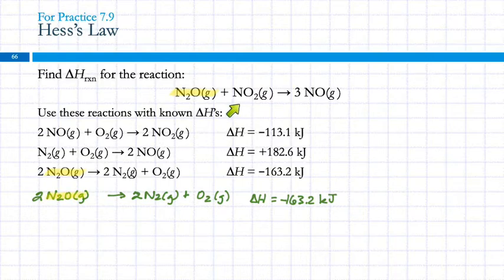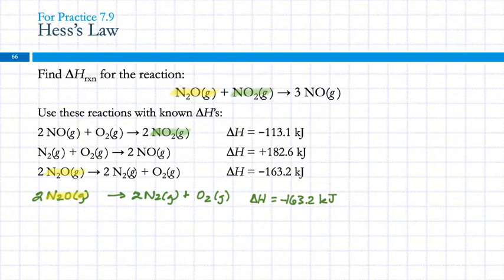I also want NO2 to be a reactant. Which one of these equations has NO2 in it? The first one, right? Here's NO2, but it's in the product side. So I need to reverse this reaction.